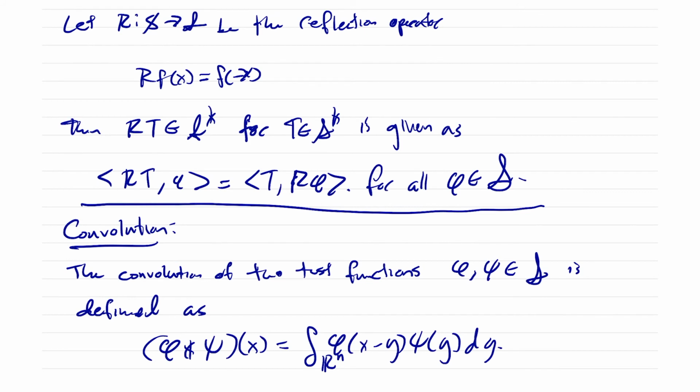Okay, now whenever you're talking about convolutions, generally speaking, the arguments of each of the two functions involved should always add up to the same thing no matter where you are, and so in this case they add up to x, right? And so that's the convolution defined here.